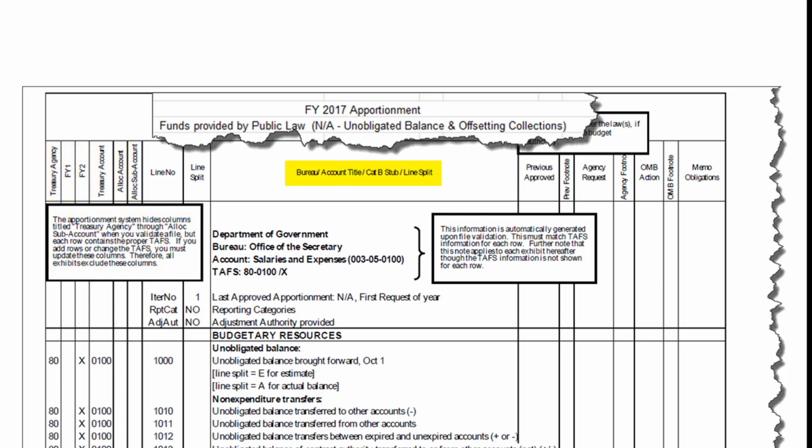At the top of the form, in the Bureau/Account Title/CATB Stub/Line Split column, is the account identification. This information is automatically generated upon file validation and must match the TAFS information in the hidden rows. Let's paste in an example.